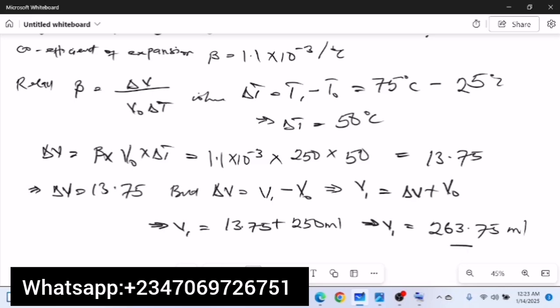So this becomes the final volume after being subjected to a temperature of 75 degrees Celsius.